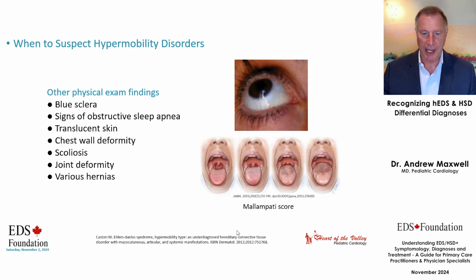Here I have an image of an open mouth demonstrating what's called the Mallampati score, which is very often used by anesthesiologists when deciding if they need to pay particular attention to the oral airway with these patients undergoing anesthesia. Translucent skin, chest wall deformities, scoliosis, joint deformities, and hernias of various types.